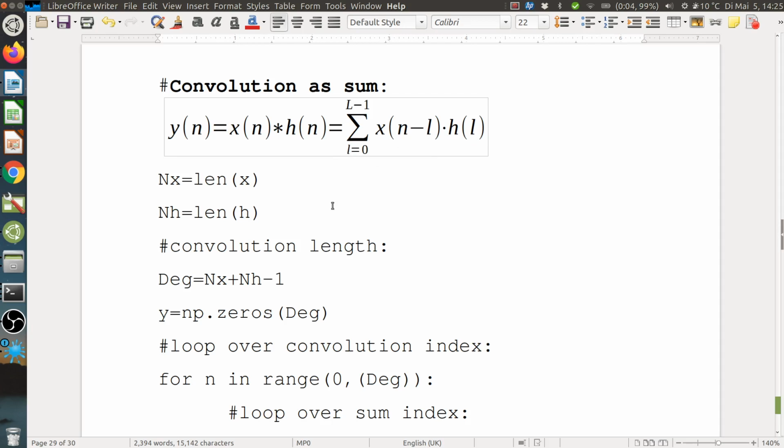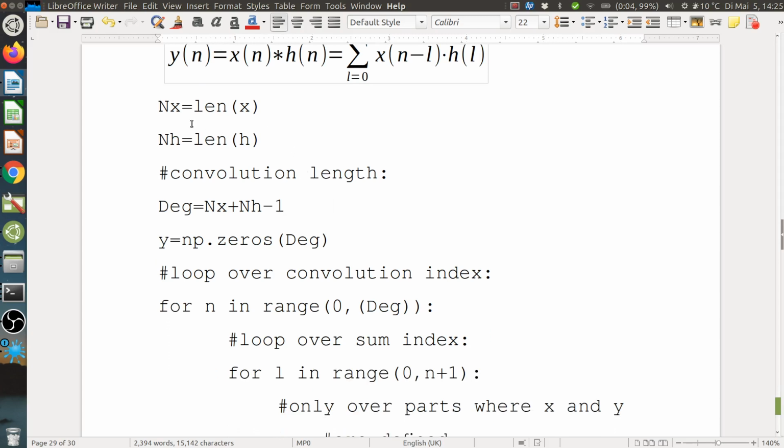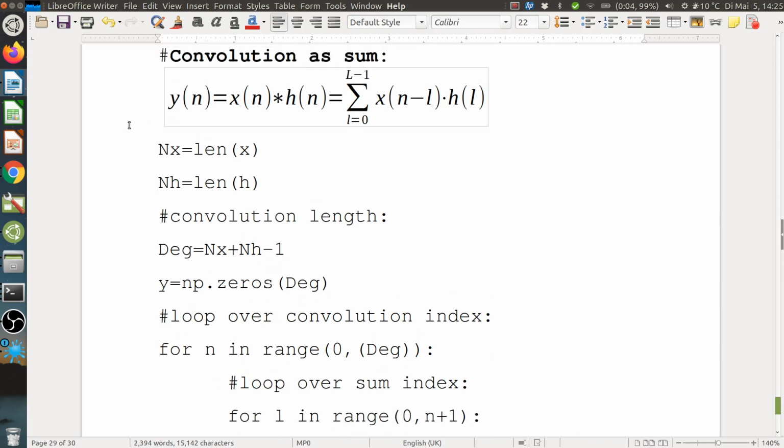And we can also write it explicitly as a sum, as I show here. So we have to first check for the length of the signals, and x is the length of x, and h is the length of h. And then we can compute the total length of the convolution result, which is simply the sum of the two lengths minus 1.